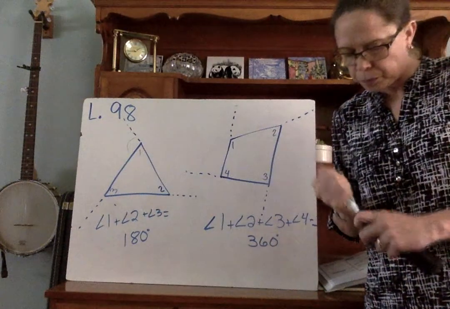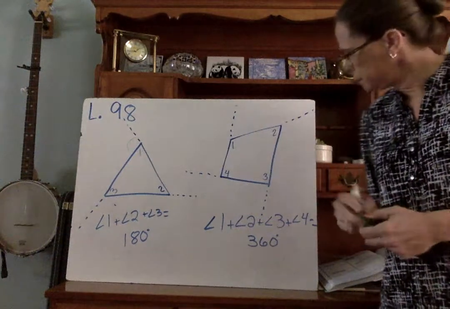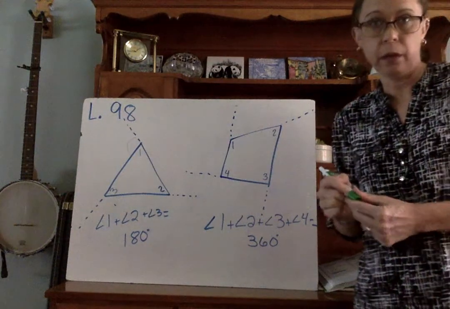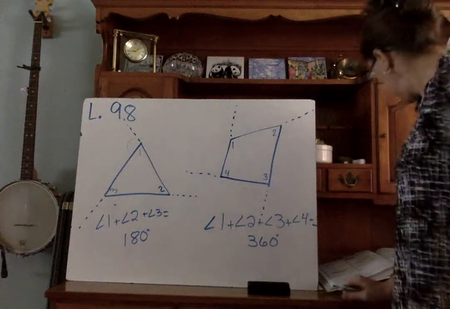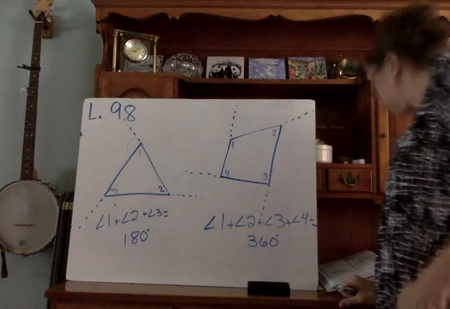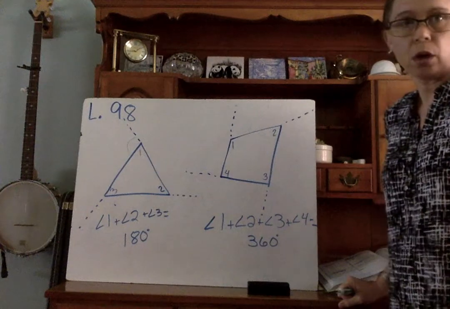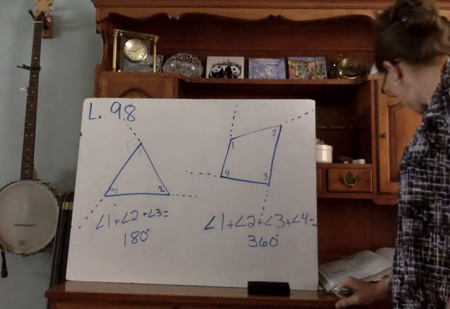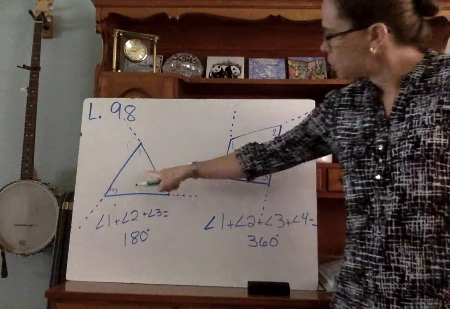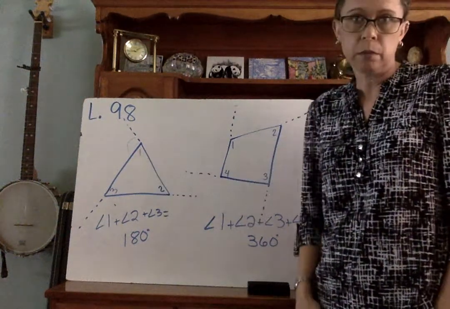So, what we need to think about today are 2 things. And these are things that you need to memorize. Okay? They're both listed on page 509 in your book in a long rectangle. Okay? And the first thing says that the sum of the interior angles of a triangle add up to 180 degrees. Okay?